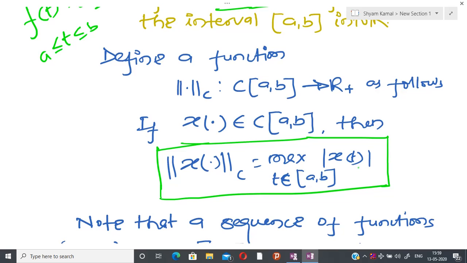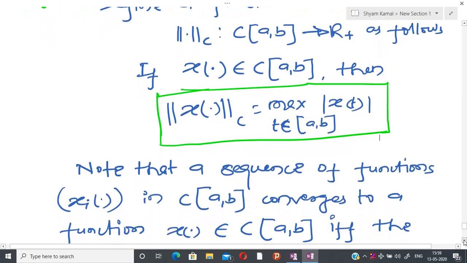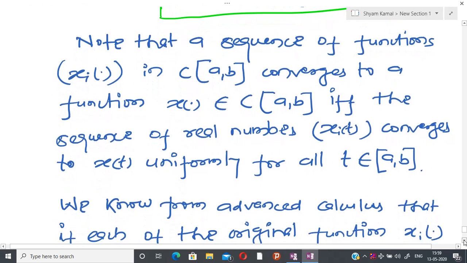And if I have a closed interval, then the function always has some kind of maxima, we are assuming; otherwise I will replace the maximum by the supremum. In that way I can define the notion of norm. So I now have a linear space with a norm, that is, a normed linear space. The same things I have written here.